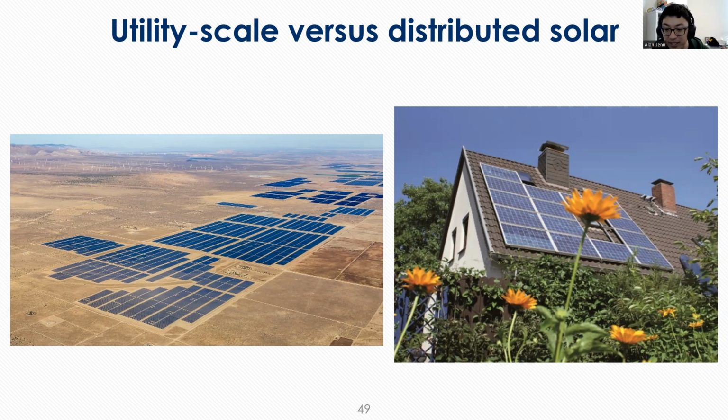And you can build these tilt trackers and that sort of thing, where that would be a lot harder to build on top of a roof. So you're going to get better energy density, better bang for your buck in that regard. And so from an economic standpoint, in dollars per kilowatt hour, the utility scale is almost certainly going to be cheaper than the stuff that you're putting on top of your roof.